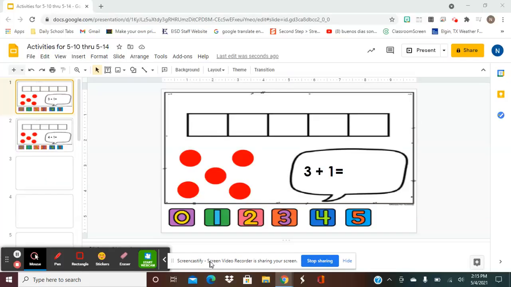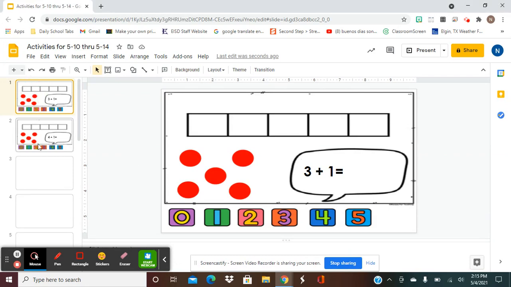Okay, boys and girls, so for today's activities, we're going to be working on two different slides, which is this one and this one. We're going to have two different addition sentences. Your addition sentence is going to be right here. And again, we're going to use the 5 frames and we're going to be moving counters.